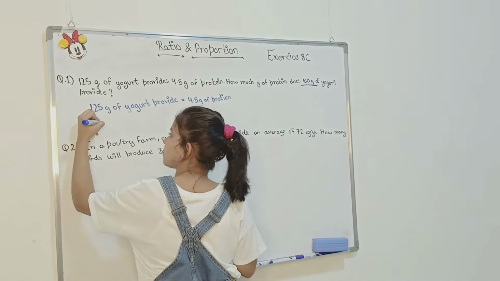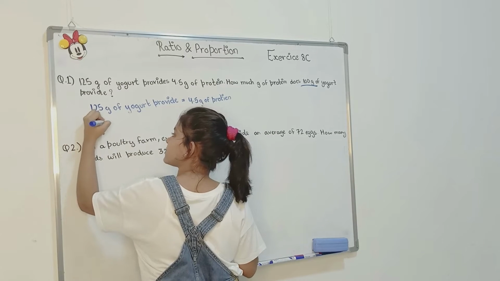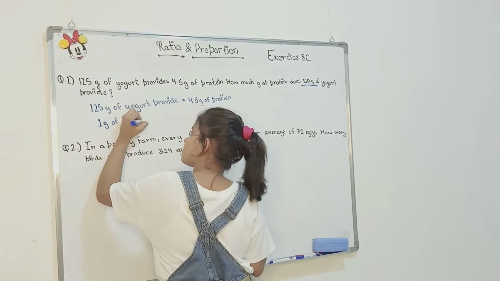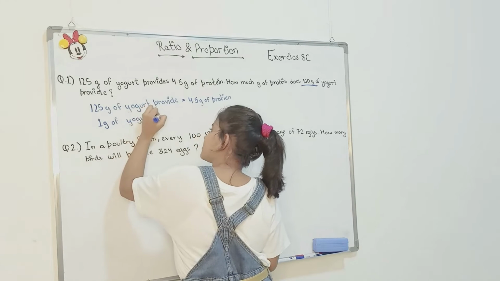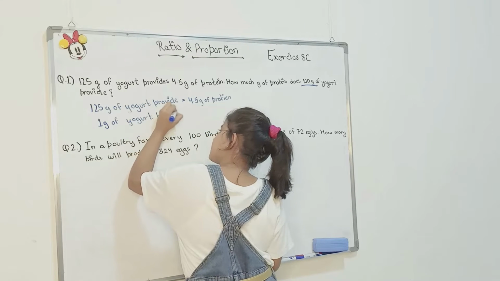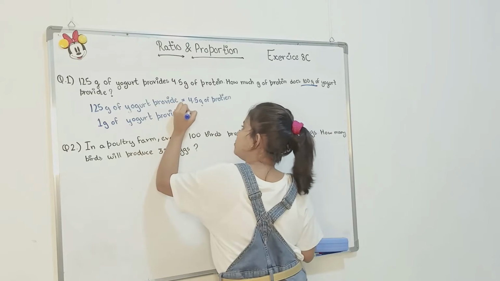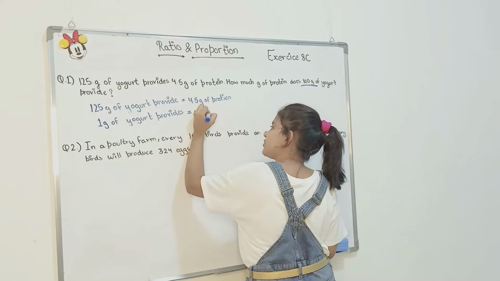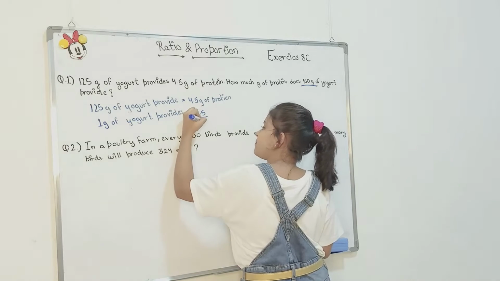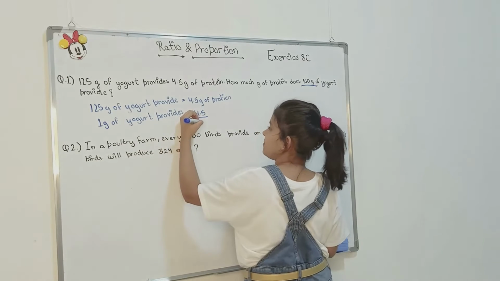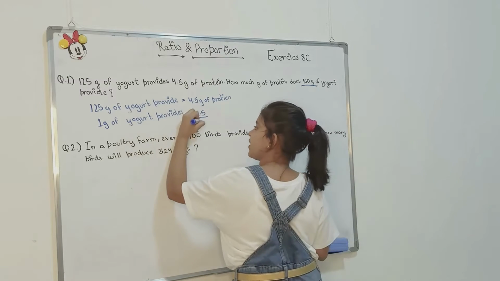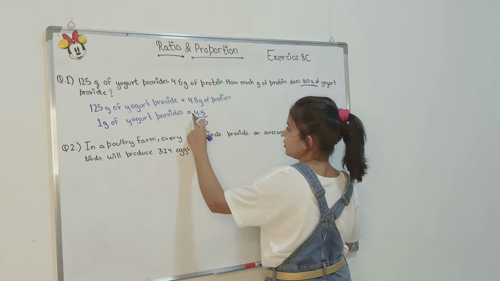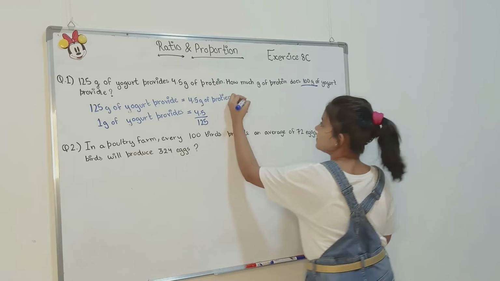So 1 gram of yogurt provides is equal to, so here we will divide 4.5 divided by 125. Okay, here 4.5 divided by 125, and then later what we write is 100 grams of yogurt.